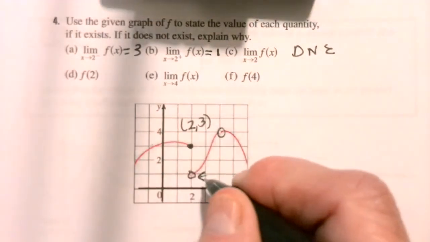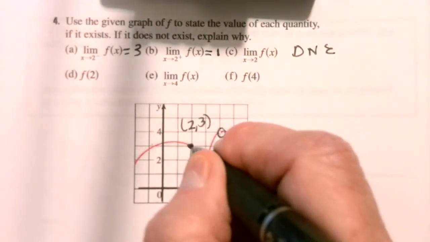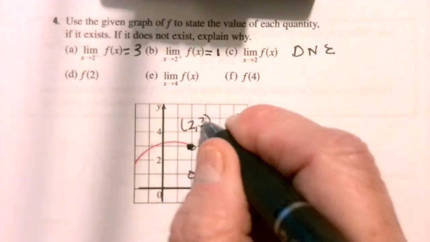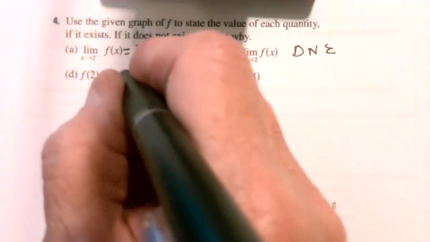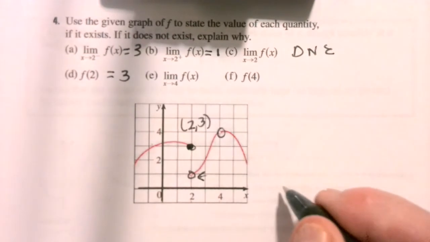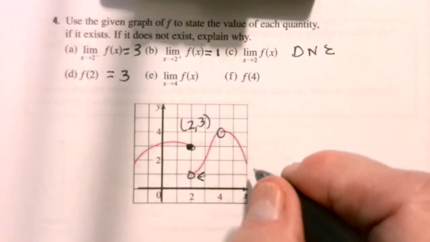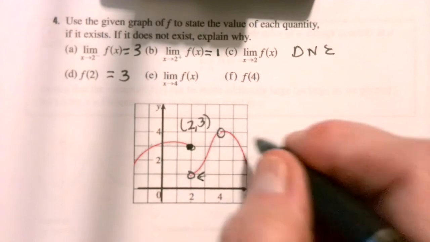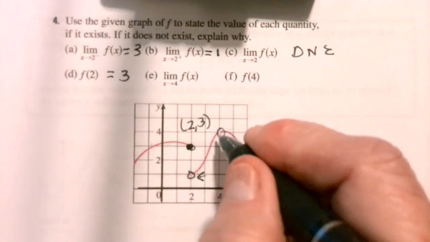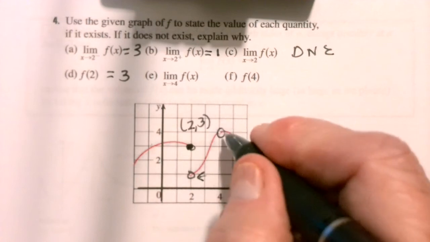What is f of 2? Well, f of 2 is going to be where the solid dot is. It's going to be the y value, and so that's equal to 3. Now, what is the limit as x approaches 4? Okay, there is a circle there, a hole.